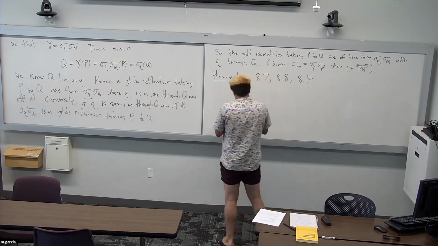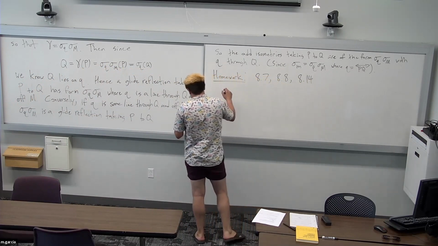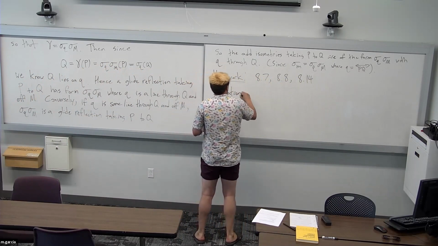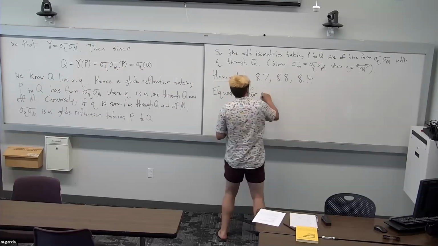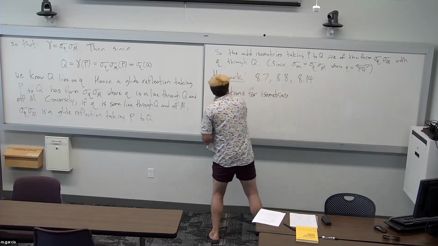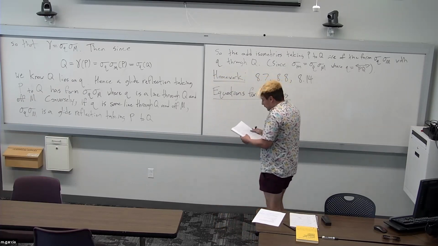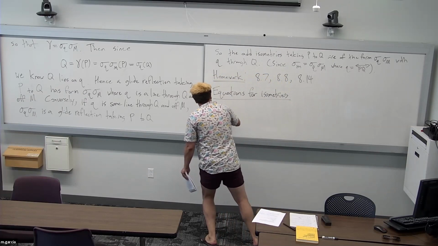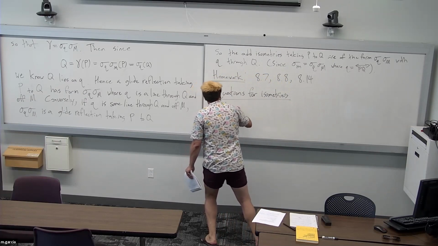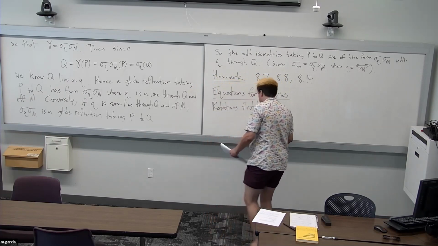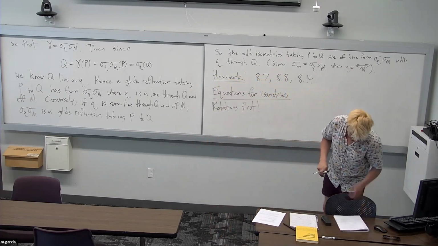So, equations for isometries. Let's start with rotations. Rotations first. Get a fresh marker.